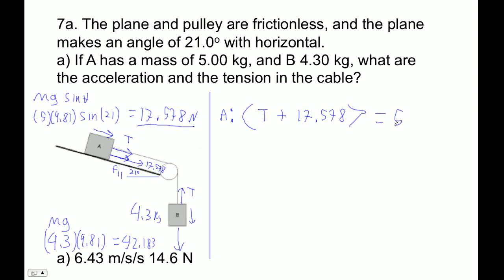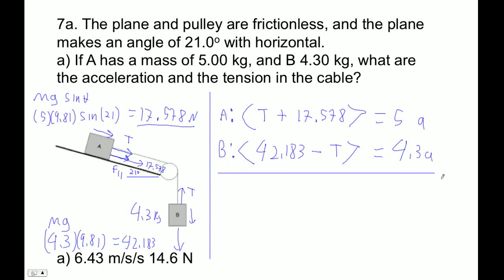And then that equals 5 times A. For B, it looks like it's just the weight, the force of gravity, right? 42.183 minus that tension, right? Equals 4.3 times A.